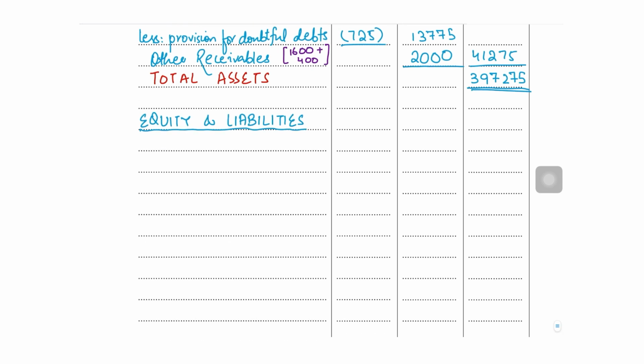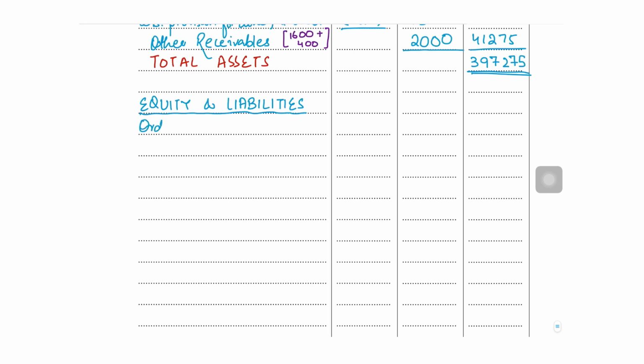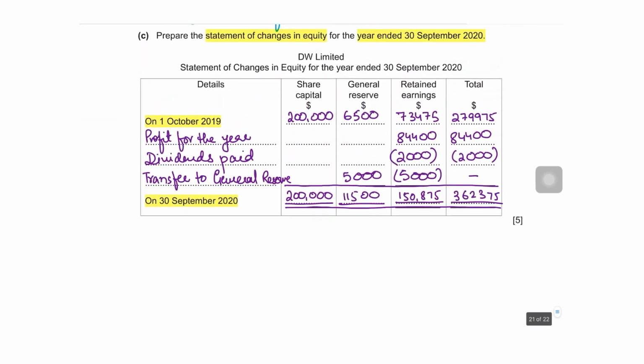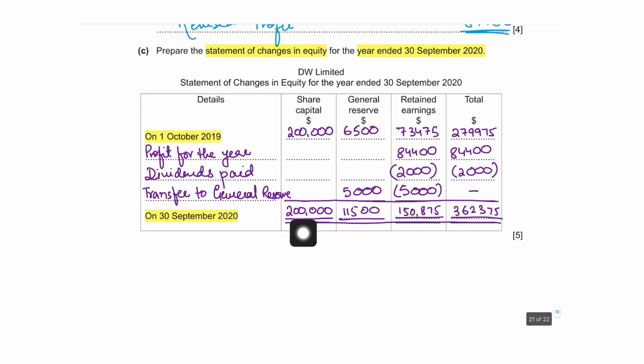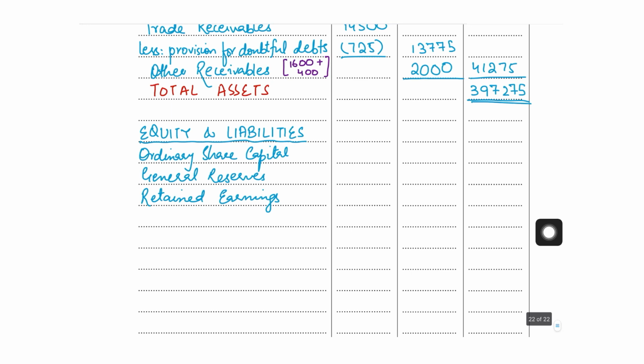Equity, starting with ordinary share capital, we'll write ordinary share capital, retained earnings and general reserves, and we'll be taking the closing balances for these, which we have calculated in part C. So 200,000 plus 11,500 plus 150,875, and we can write that all down in the second column. Total is 362,375.